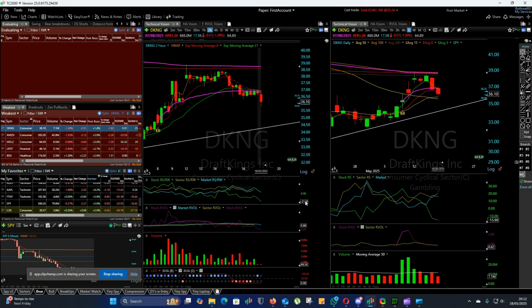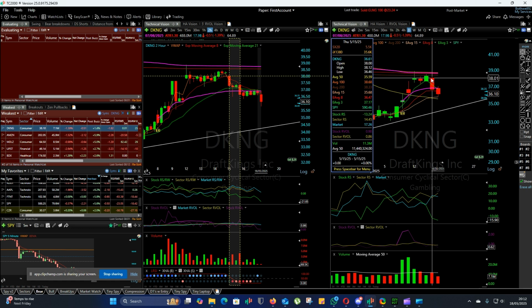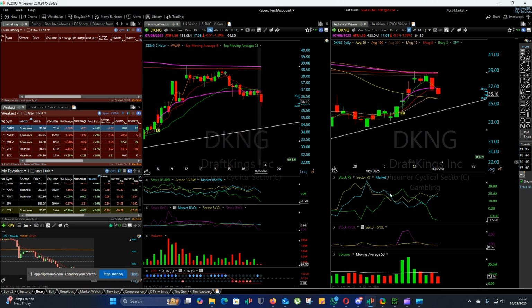So what have I found that I like on here? DKNG, just mentioned, already rejecting right off that 200 SMA. So this green line here is the stock, and these other lines are the market and the sector, and it's kind of my relative strength indicator. I didn't design this.